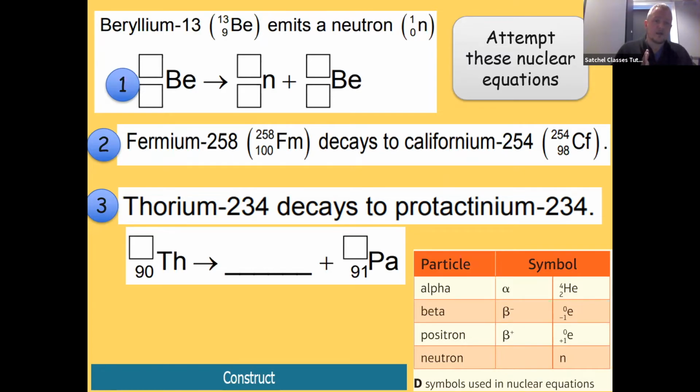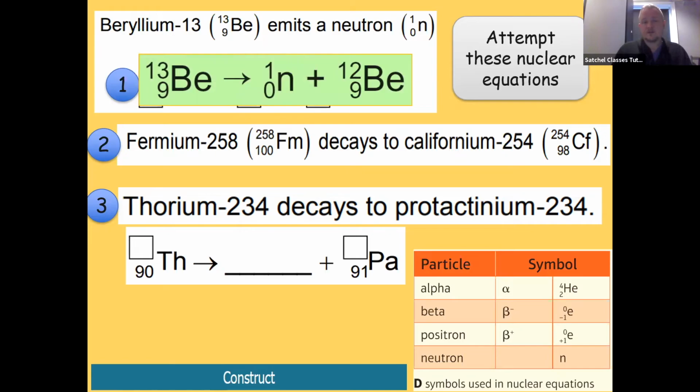But its atomic number does not decrease because the 9 protons present in beryllium are not affected by the ejection of one neutron. It has no atomic number. So in this case, we can write it like this. 13/9 Be, arrow 1/0 n plus 12/9 Be.